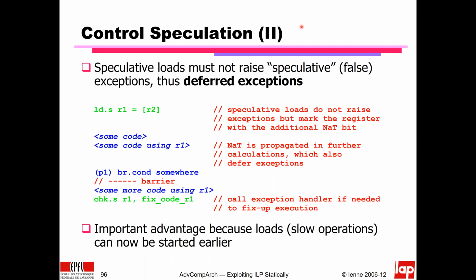So the first thing that you could think is, well, okay, I can do sort of the exception handler there. One of the problems is that in Itanium, you don't have the cause of exception. You just have this bit that says there has been an exception there.